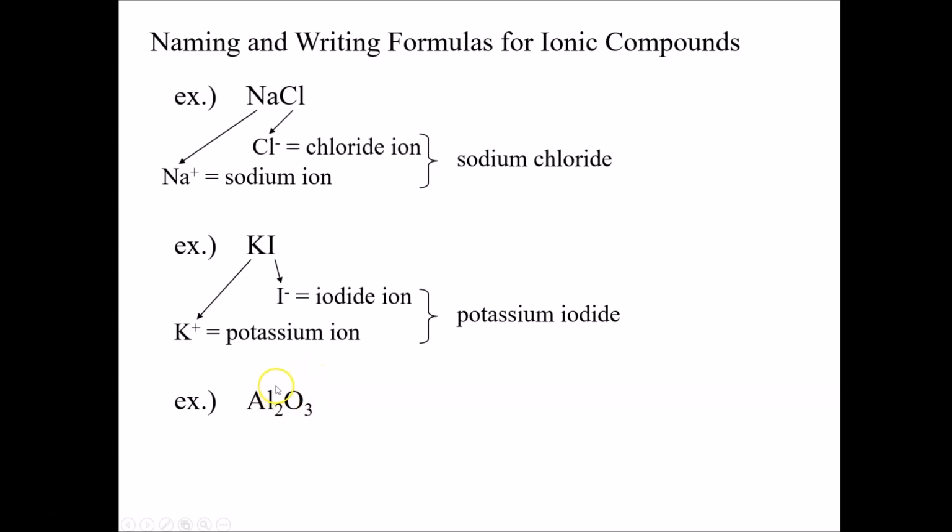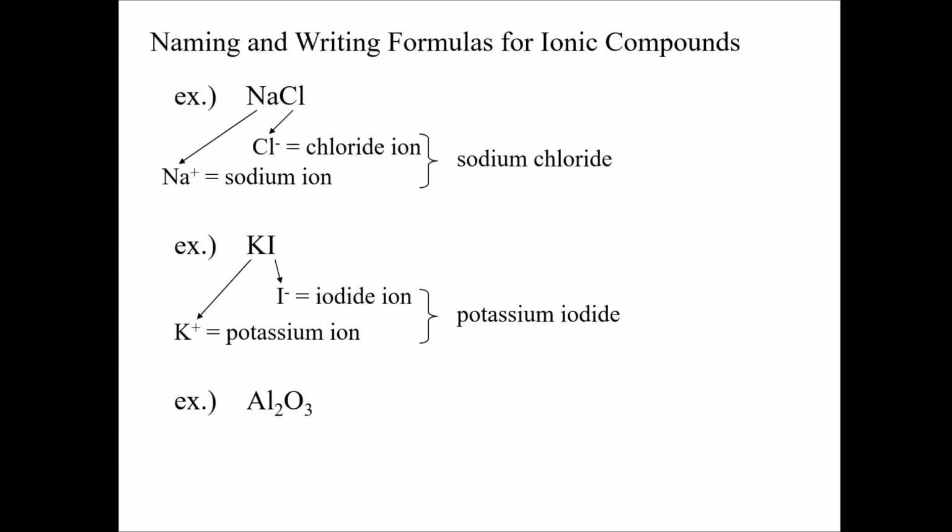Whatever the charge was here, I had to move that number down here. The only reason there's other numbers here is just to balance out the charges that were there originally. But they have nothing to do with the name. So when you're naming this, ignore the 2 and the 3. So take a minute, pause the video, and I want you to use your periodic table and see if you can come up with the name.